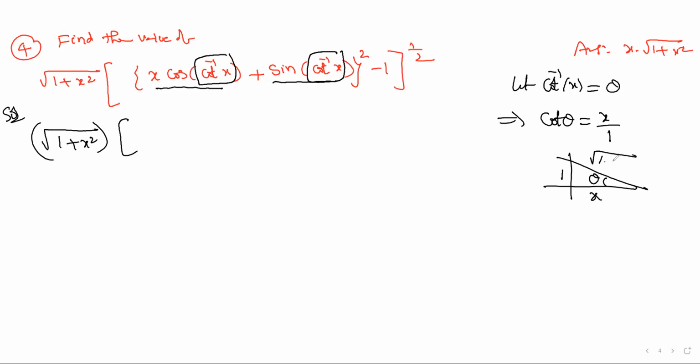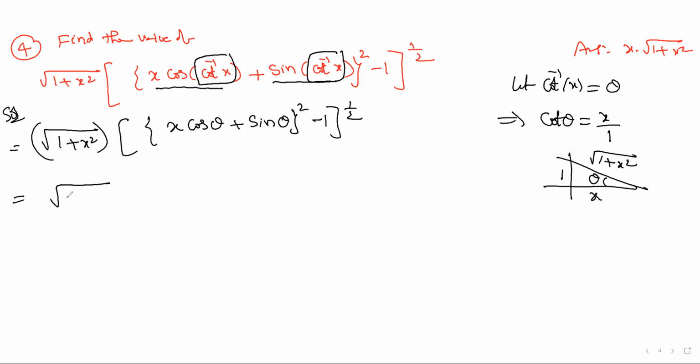Hypotenuse value is root 1 plus x square. Here, x cos(cot inverse x) plus sin(cot inverse x), we have taken theta, whole square minus 1, power 1 by 2.